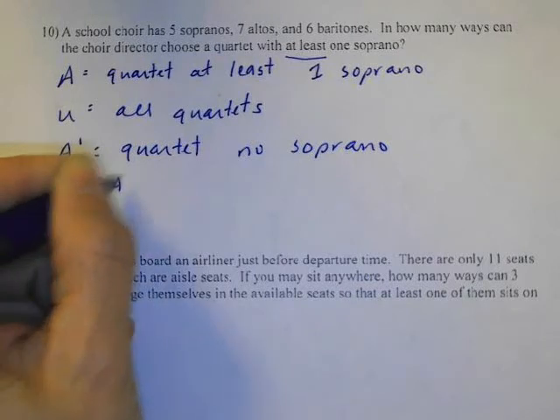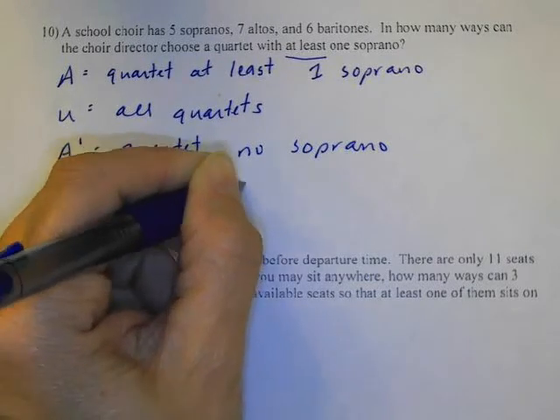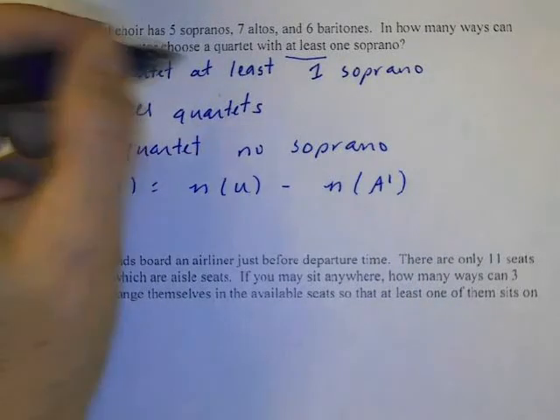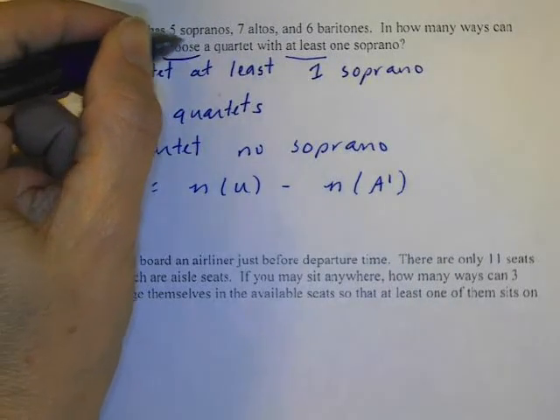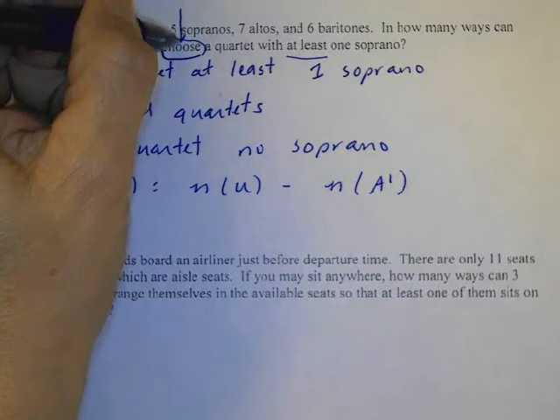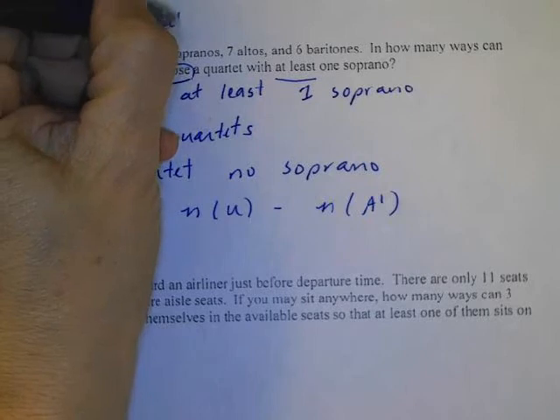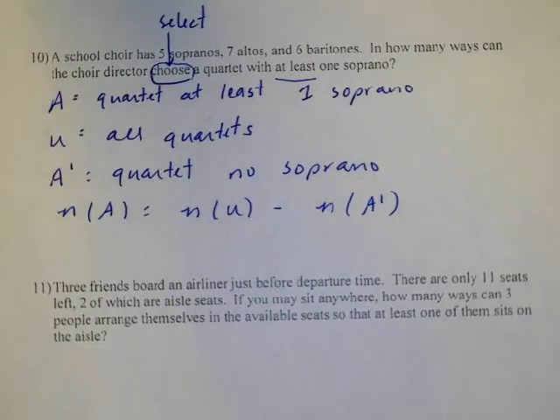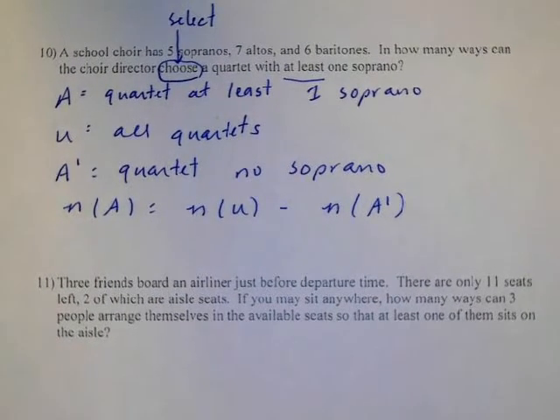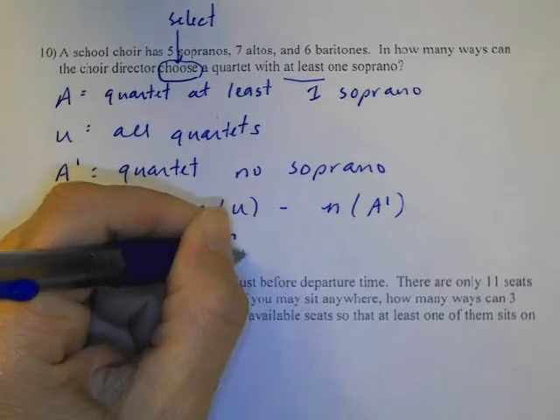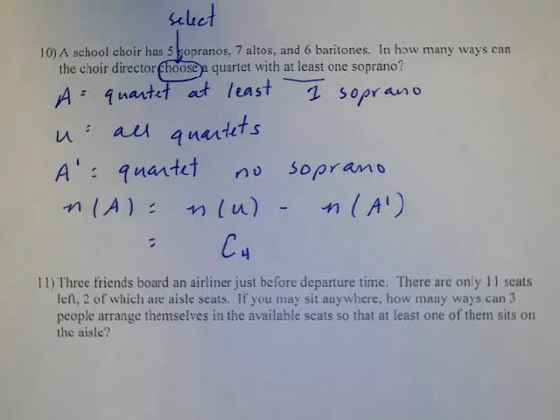So we want to do n of A equals n of U minus n of A prime. Now choose. Choose means that we get to make selections. So what does selecting mean? It means order doesn't matter and repeats aren't allowed. So it sounds like combination to me. So this is C4 because I need a quartet.